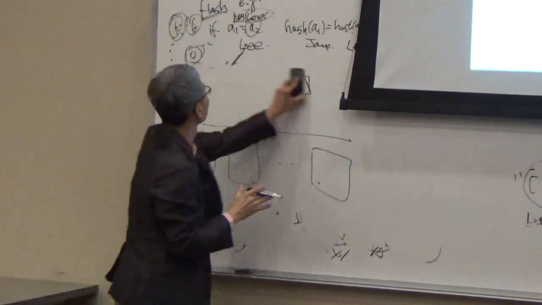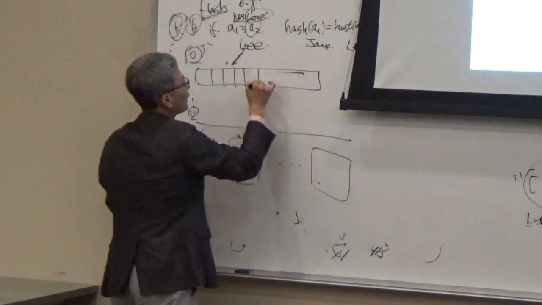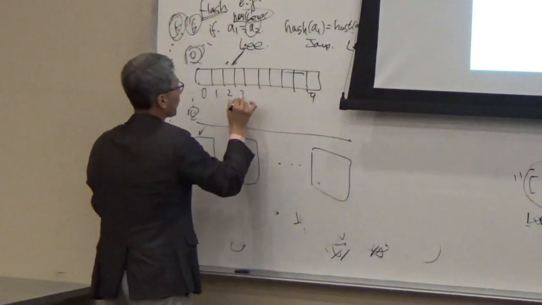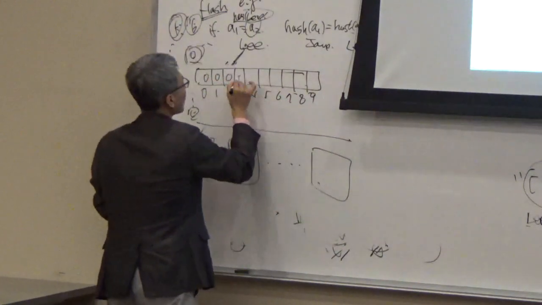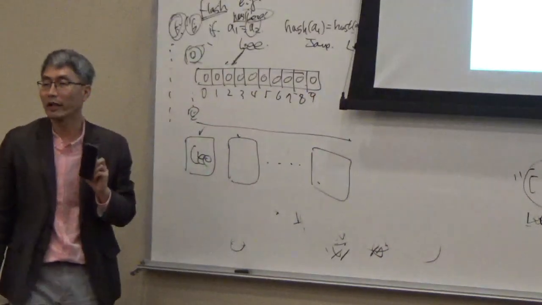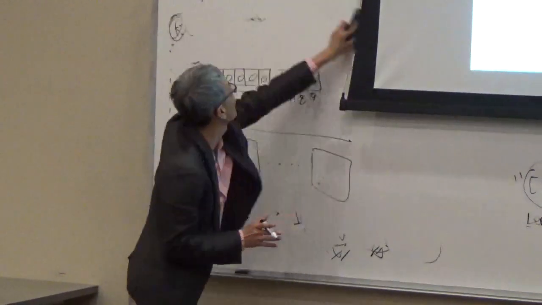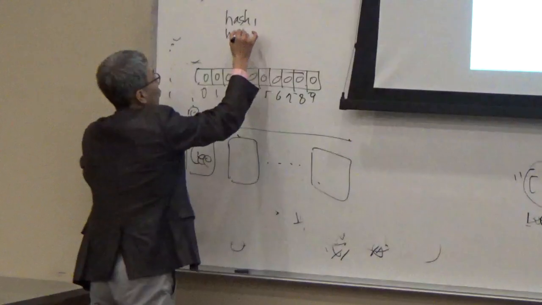For example, we have the Bloom filter. It's bits 0 to 9: 0, 1, 2, 3, 4, 5, 6, 7, 8, 9. They are initially all set to 0. Then you can use a number of hash functions. Let's say we are going to use 2 hash functions, hash 1 and hash 2.